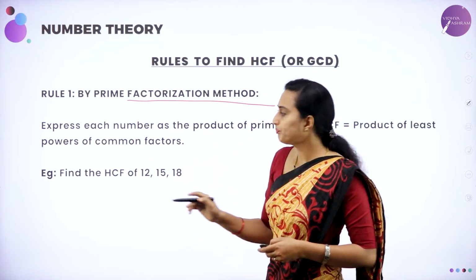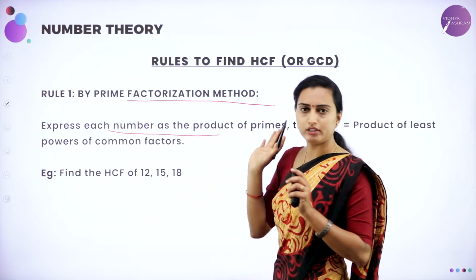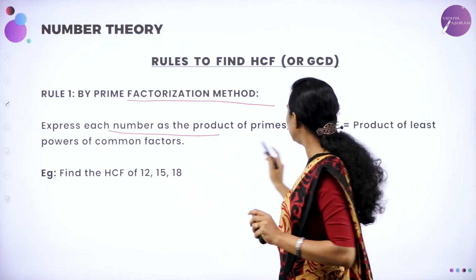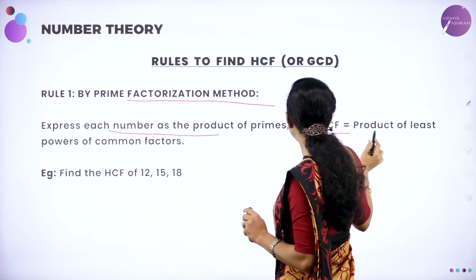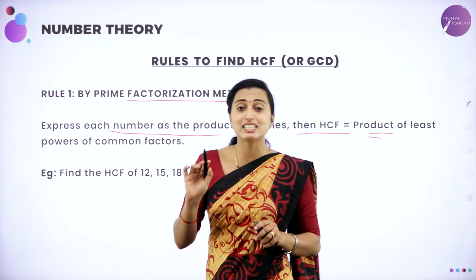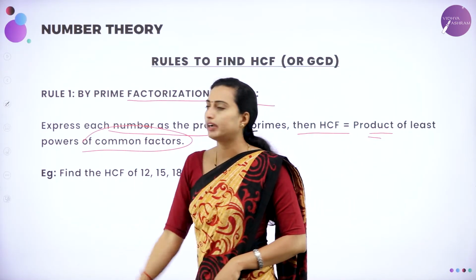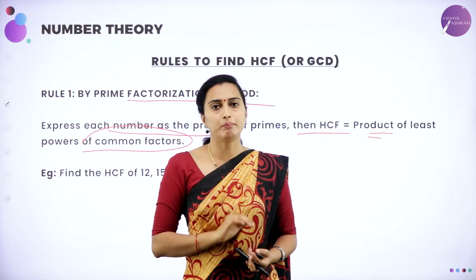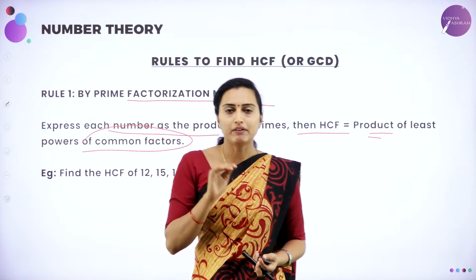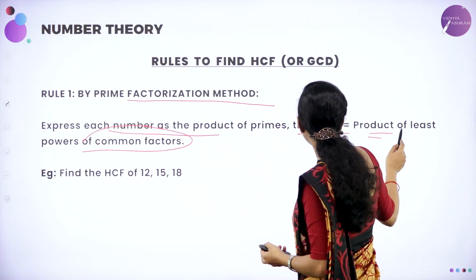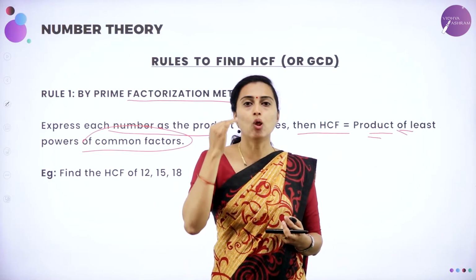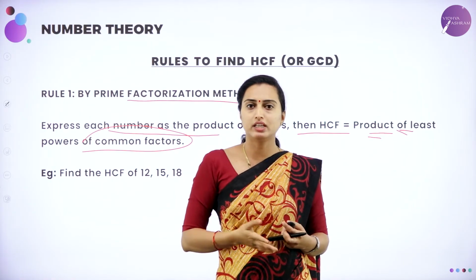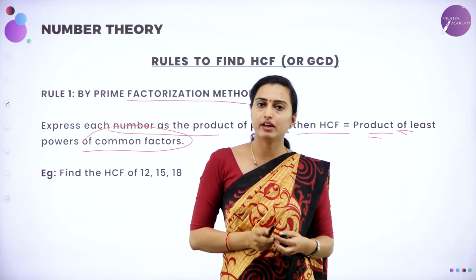Here, for HCF, express each number as a product of primes, same as for LCM. Then HCF is the product of the least powers of the common factors. That means you check which prime factors are common to each number, and take their lowest powers in all the numbers as the HCF of the given numbers.